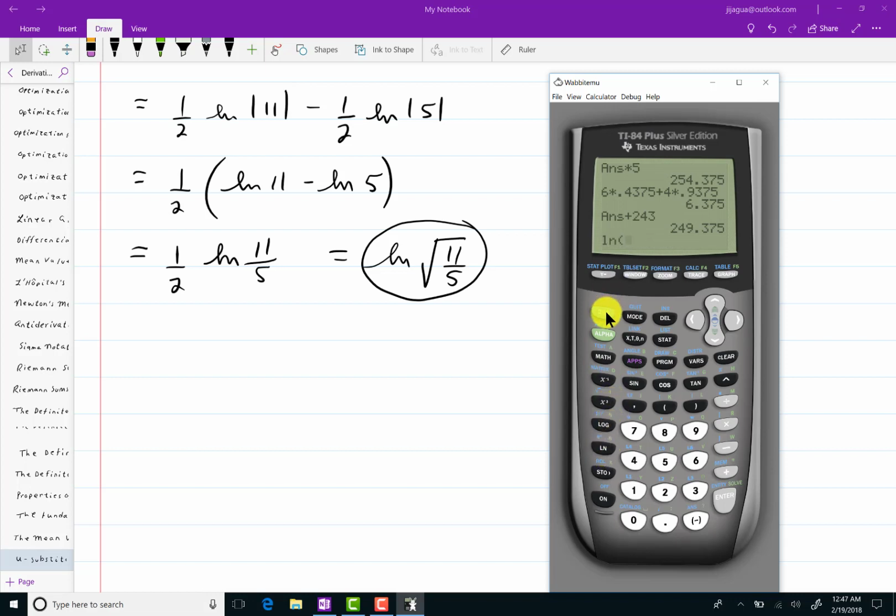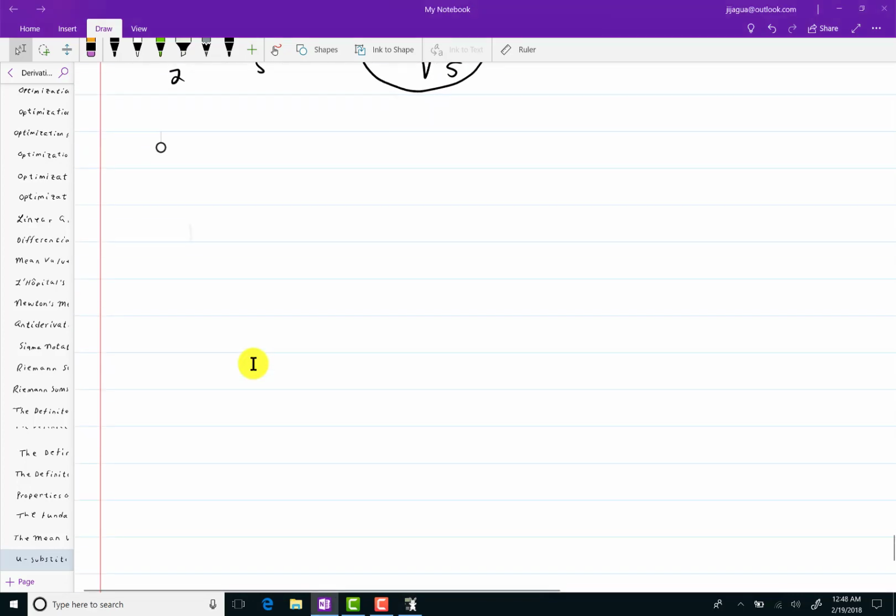And we will do the square root of 11 divided by 5. And I'll come out from under the square root. Because I have to end the parenthesis, that's a good idea to do that. Let's see what we get. See that? 0.394. I feel fully confident my answer is correct because I get the same decimal.